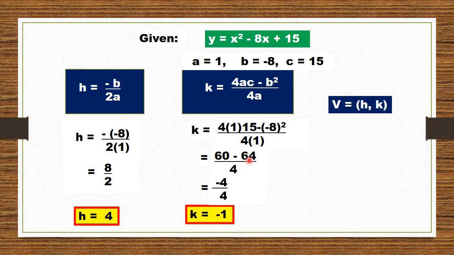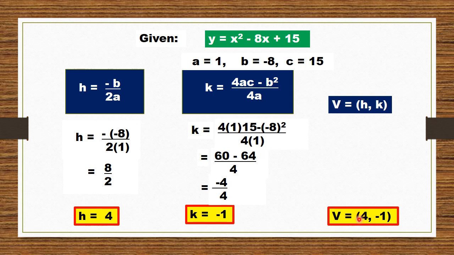So 60 minus 64 equals negative 4 over 4. So negative 4 over 4, the value of k is negative 1. So the vertex is the quantity of 4, comma, negative 1.